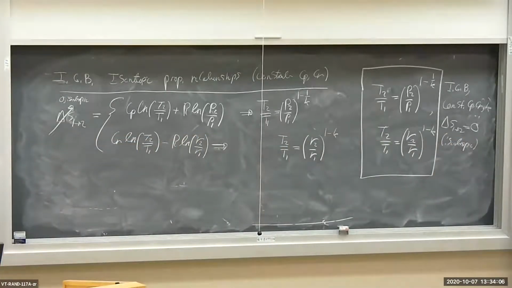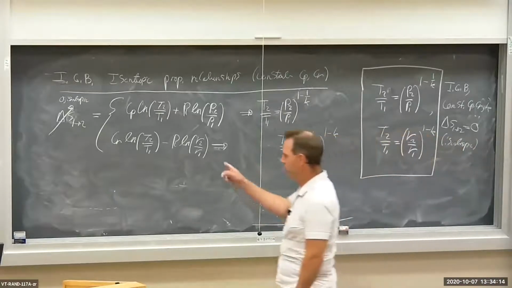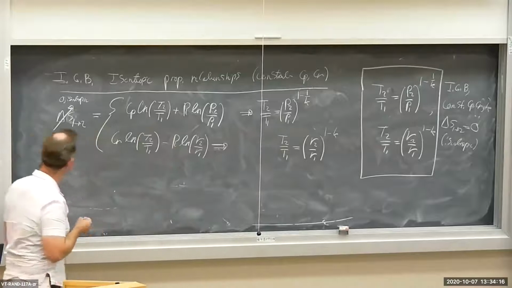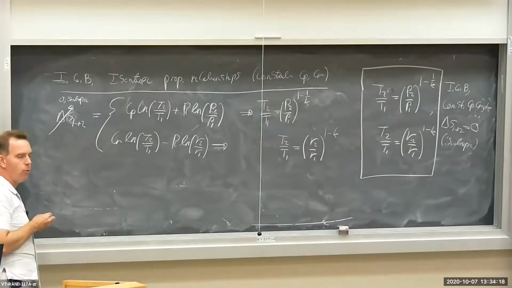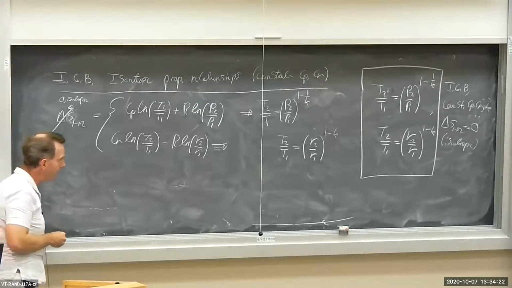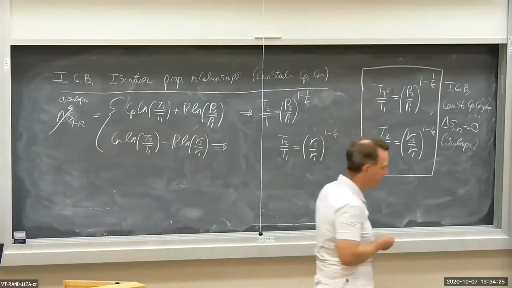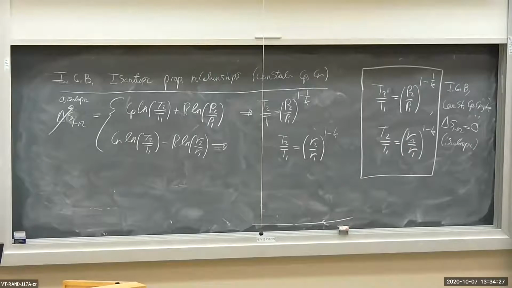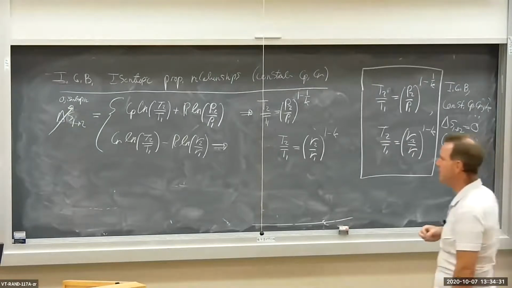Luckily, I think you can see a small version of the screen while I'm working. Sorry about that. And then we did the same thing with the second equation on a property relationship, and we had T2 over T1 is V2 over V1 to the 1 minus k power, okay? So these are both valid for constant specific heat, delta S equals 0, isentropic process, IGB, okay?